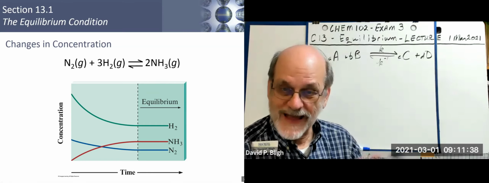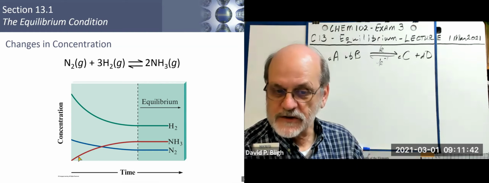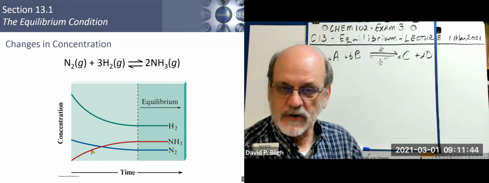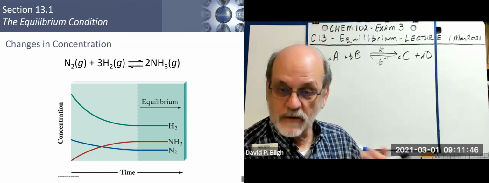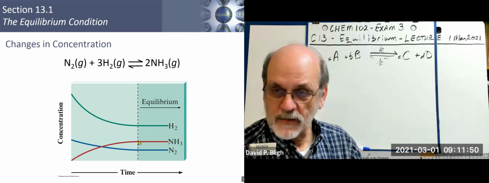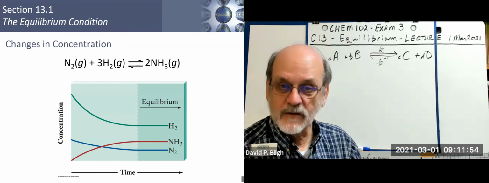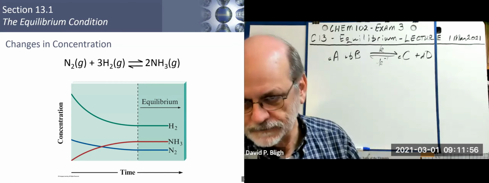And as they start to react, they produce ammonia. And then ammonia starts to build up. And as ammonia builds up, a competing reverse reaction occurs. And at some point, equilibrium is established where the forward rate and the reverse rate are equal.